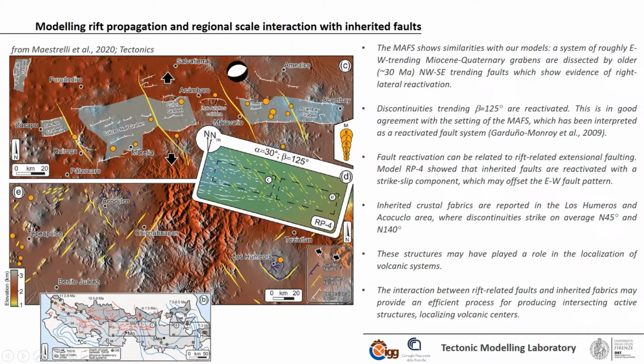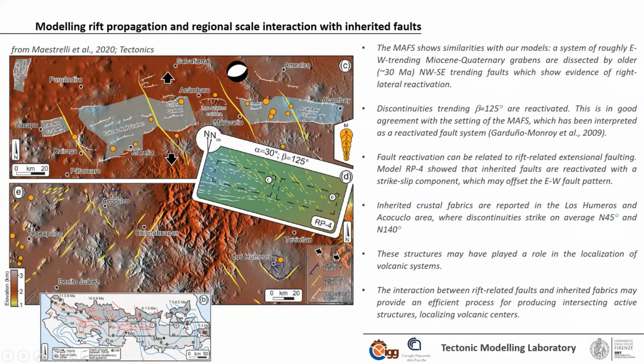Also, in the easternmost portion of the Trans-Mexican Volcanic Belt, where the Acapulco and the Los Humeros calderas are located, we can observe this sort of trend. And apparently, the two caldera systems are located at the intersection between two trends of inherited structures, one of which can be favorably oriented, according to our models, for reactivation.